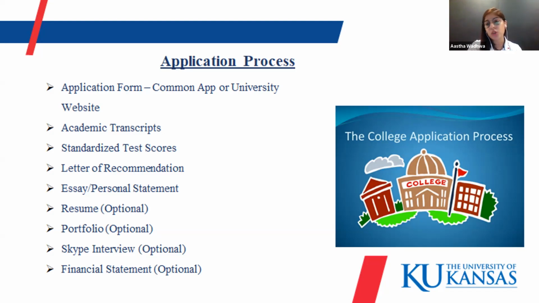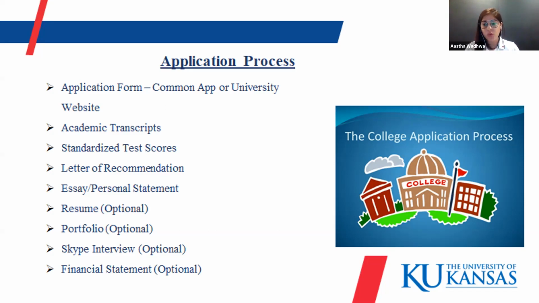Apart from it, most of the universities would require a letter of recommendation. Basically, a letter of recommendation describes your qualifications and skills which are related to your education. What needs to be discussed is your qualities and capabilities that make you a perfect fit for the specific university or the program.